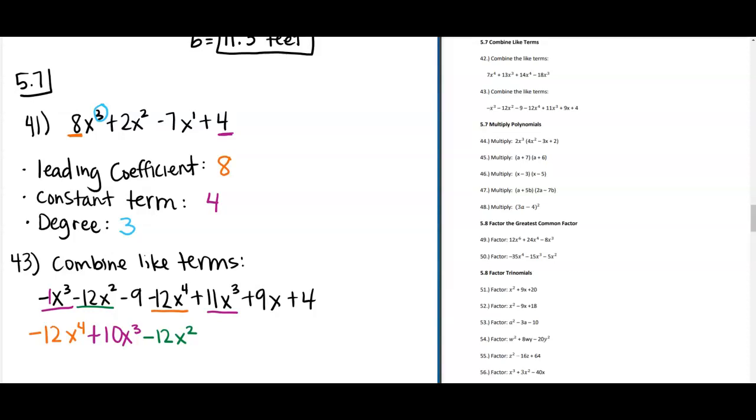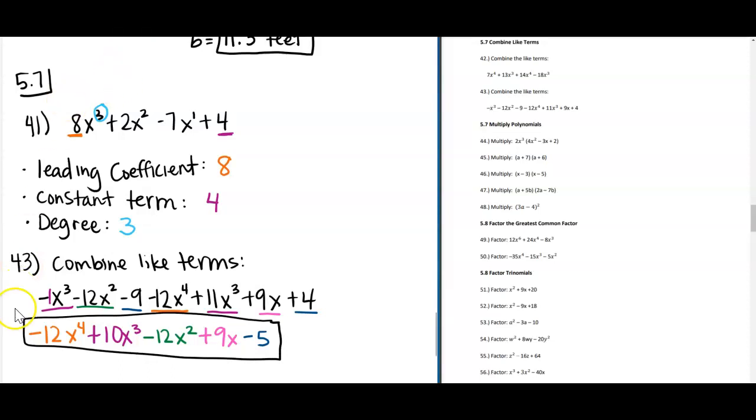There's only one x term here, and that's just the 9x, so that becomes my next one that I write down: plus 9x. And then I have my last terms that I'm combining together, my constant terms. My negative 9 plus 4 will give me a negative 5. And all of those together are my answer for combining those like terms.